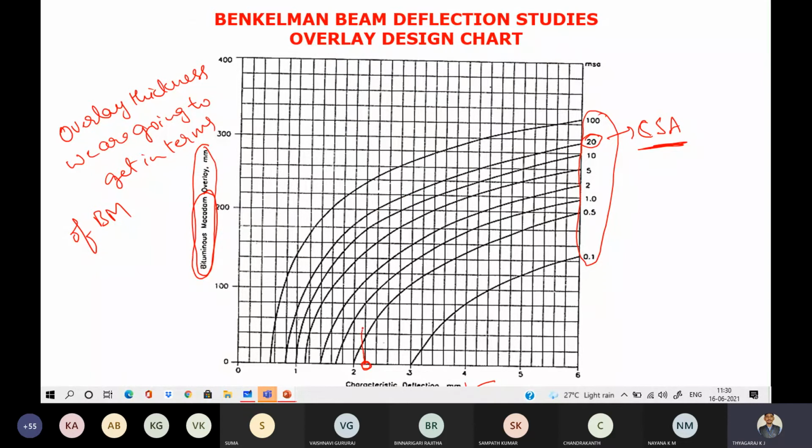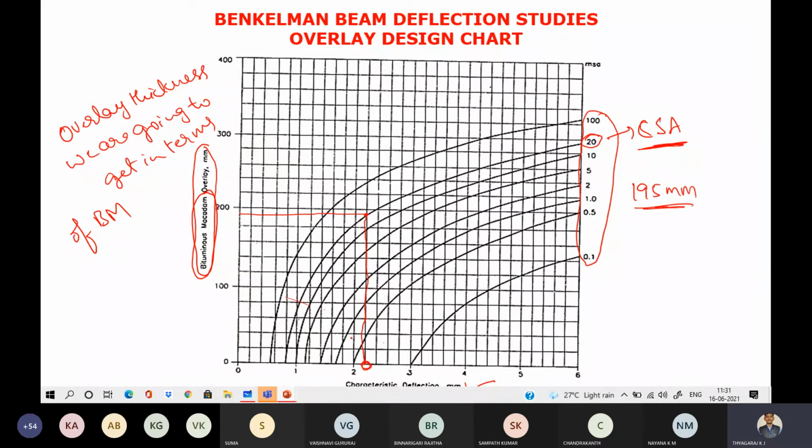Draw a straight line here, which will cut the curve at this point, and project it outwards. So what will be the thickness we are going to get? 190 mm. This is 100, 20, 40, 60, 80. Okay, we will consider 195 mm.